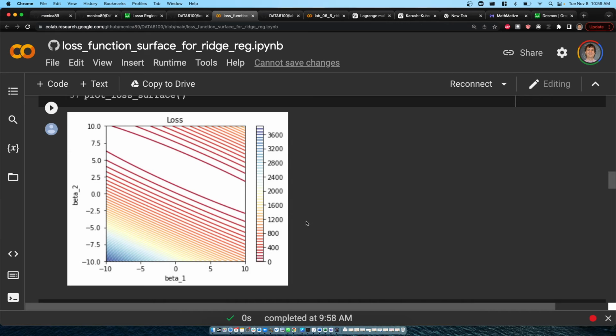So what we're going to do next is minimize the mean squared error on the diamond. This is the picture for ridge regression.